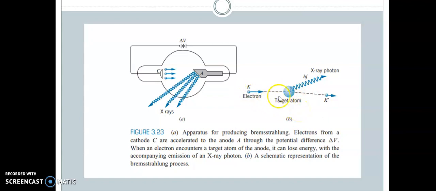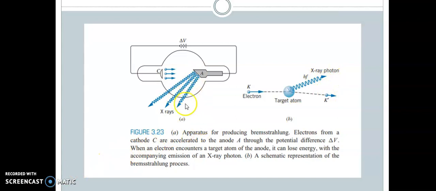This is the schematic representation of the Bremsstrahlung process. The electron hits the target atom and its energy decreases to K prime. The initial kinetic energy is K before the encounter with the atom, and after the collision the kinetic energy reduces to K prime. The difference in energy is converted into the energy of the X-ray photon, hf.